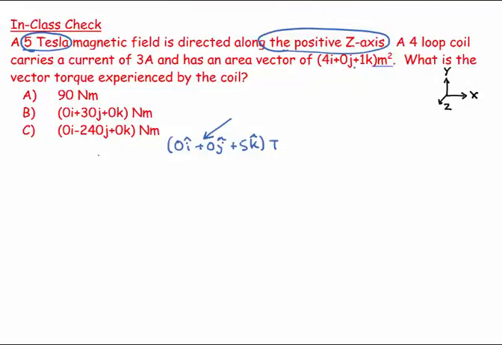In terms of the area vector, we actually gave the area vector. I'm just going to draw it at some angle, and that is going to be 4i plus 0j plus 1k, in square meters. You don't have to get the direction factually correct.